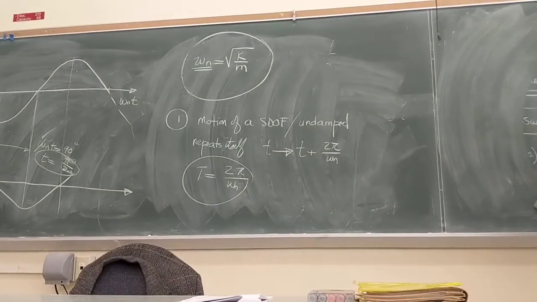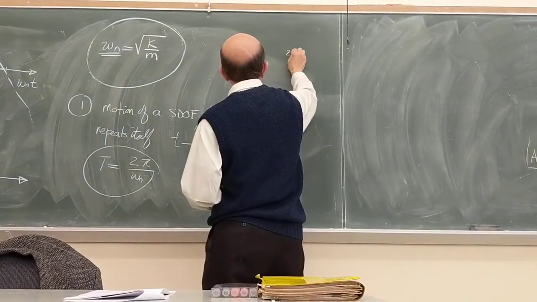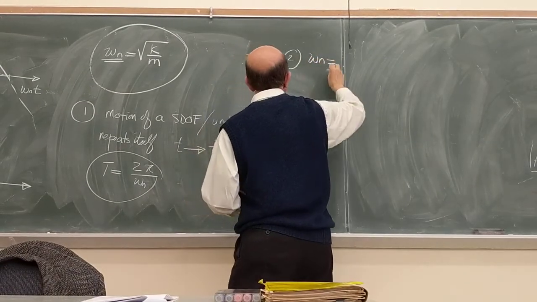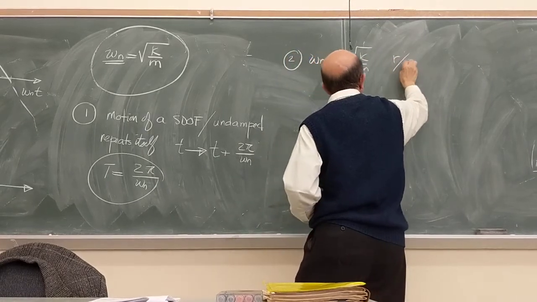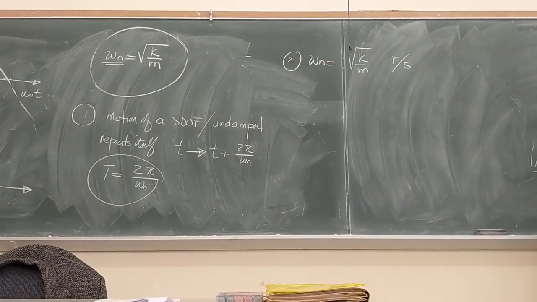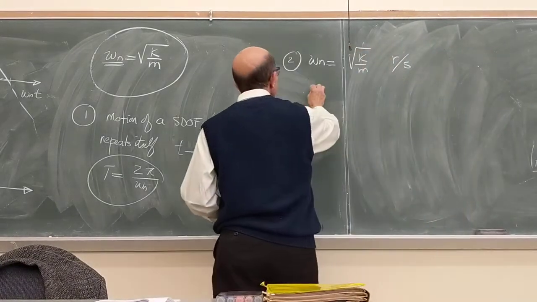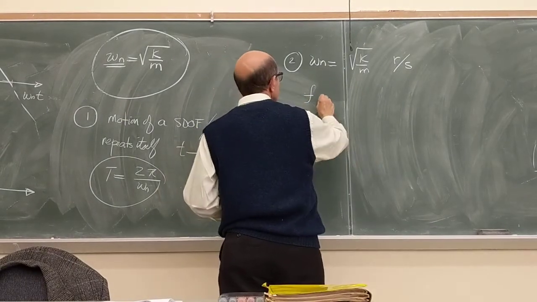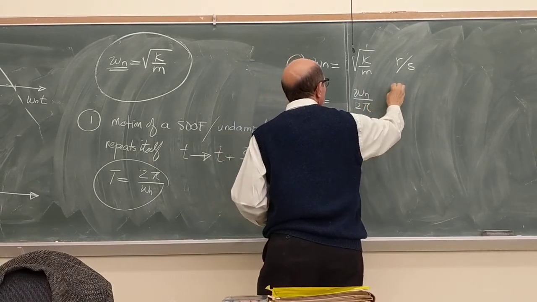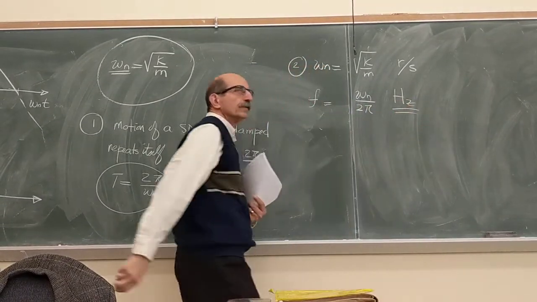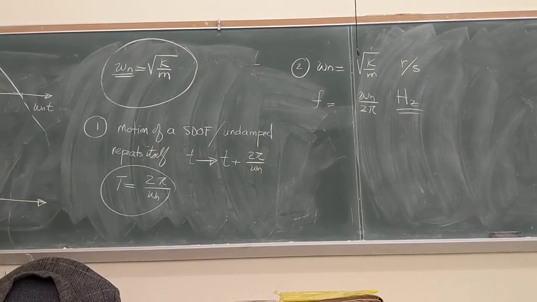Conclusion number two, that I will write down: the frequency of this system, which we call the natural frequency, is this. In this form, the unit is radians per second. You can convert this to another unit by dividing this value by 2 pi, and we call that hertz. So hertz is basically a non-dimensionalized form of the natural frequency.